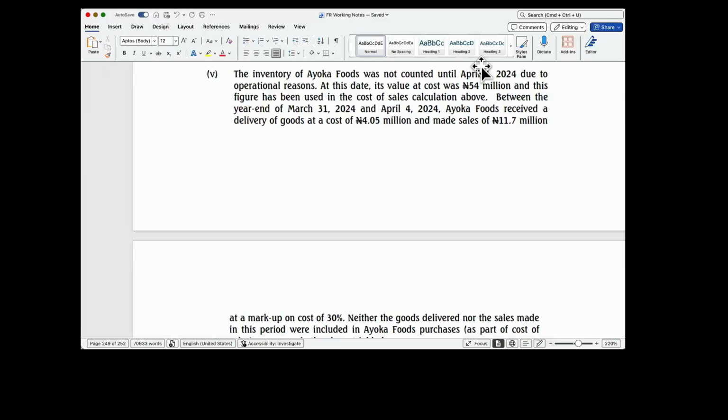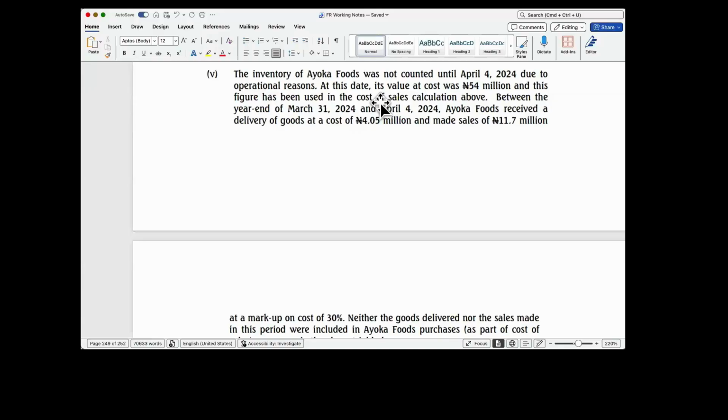So all you need to do is that this 54 million that we have, which they have also used to compute our cost of sales, means our cost of sales also needs to be adjusted. So here we need to adjust inventory, and we need to adjust cost of sales. So what are we doing? They received 4 million worth of inventory.